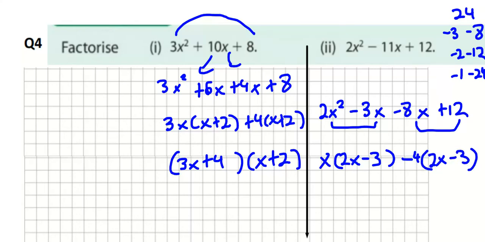All right, let's multiply it out. Remember I said big difference is if you multiply it out, we should see if it works or not. X times 2x. X times 3. 4 times 2x. 4 times minus 3. Yeah, it all works out, does it?